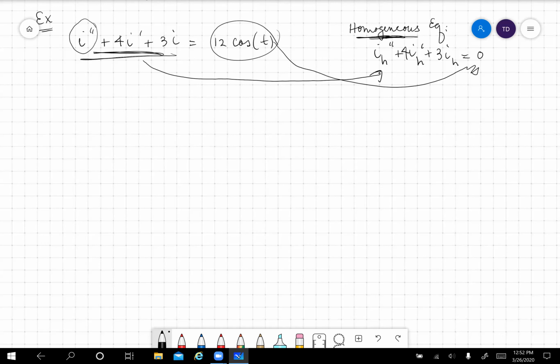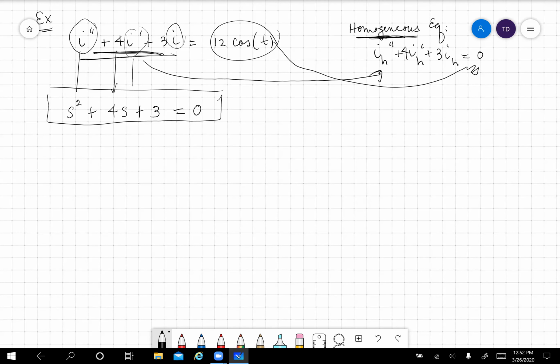Everywhere you see a double derivative, just take it down, and every derivative is a power of s. Plus, the 4 comes down, 4 times the first derivative, s to the first power, plus 3. No derivatives, s to the 0 power. We know s to the 0 power is 1, equals 0. There it is. That is the characteristic equation.